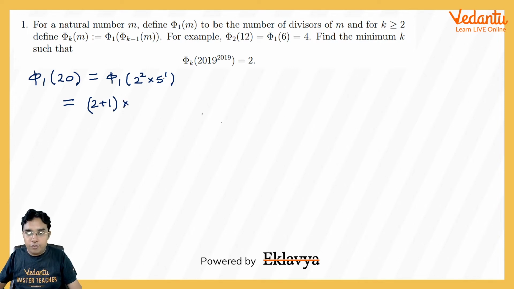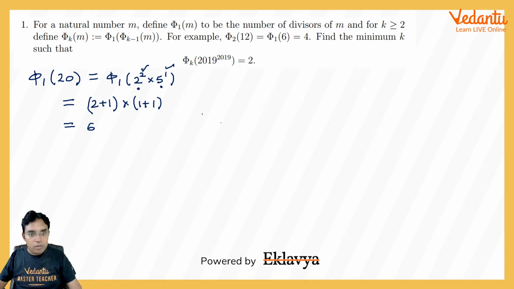And similarly for 5, we have two choices only, either 5 power 0 or 5 power 1. So we always increase each power by 1, and then multiply them to get the number of divisors. So we get the answer to be 6. Now dear all, please understand, there was no role of these prime numbers in the base.